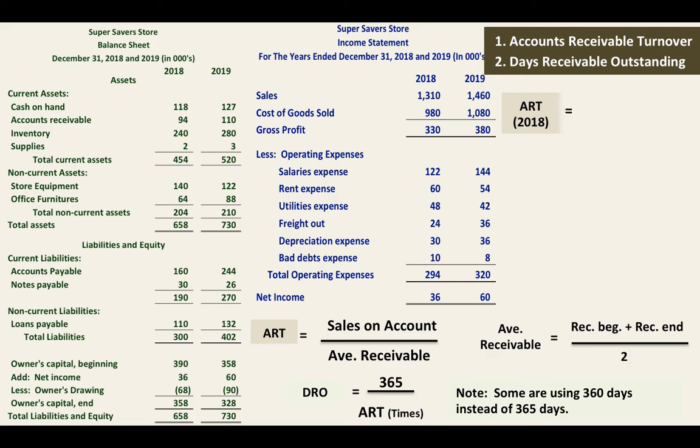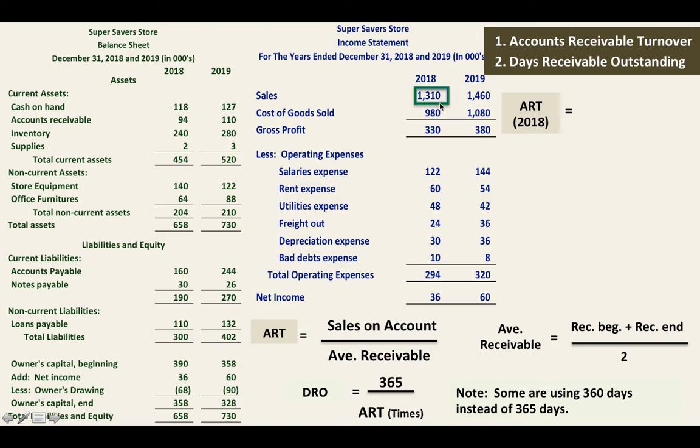So the formula is sales on account over average receivable. Our sales on account for 2018 is 1,310. By the way, the amounts are supposed to be in thousands, but for presentation purposes, we will just discard the thousands.